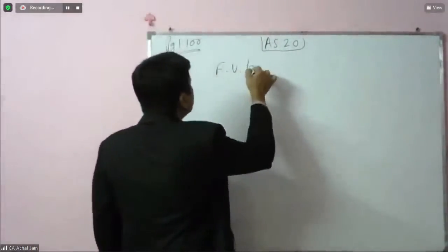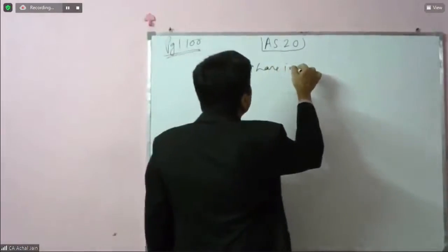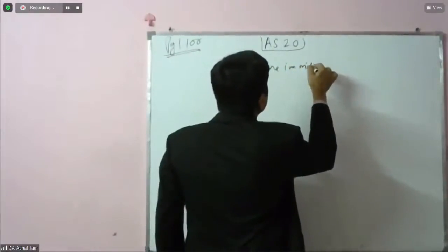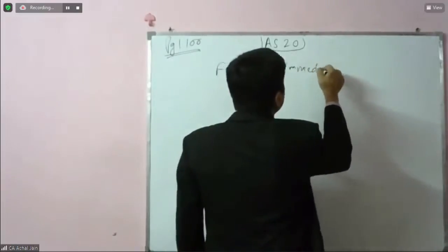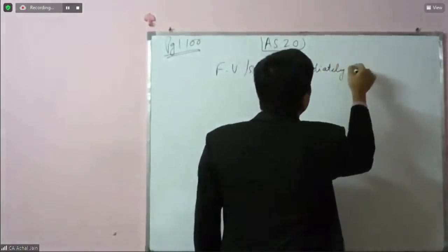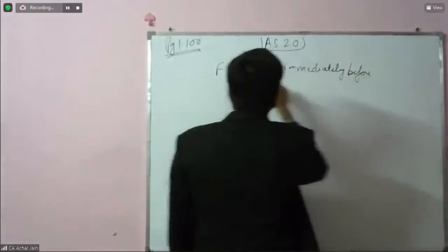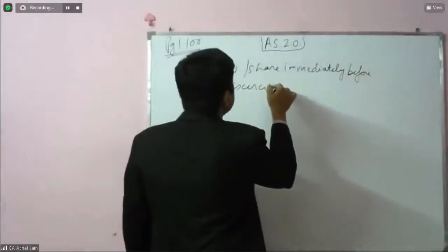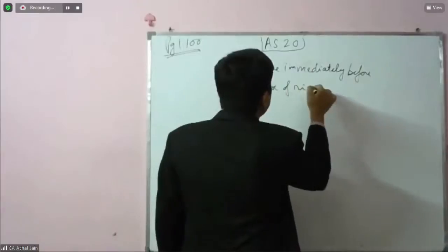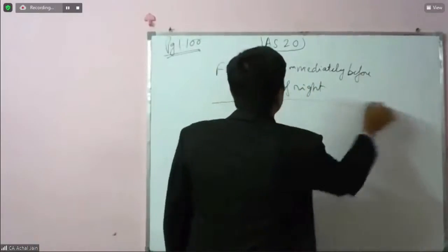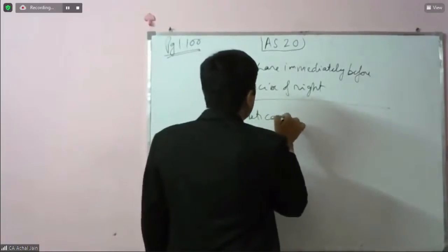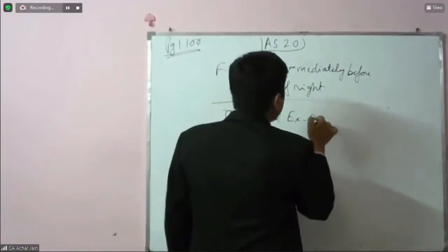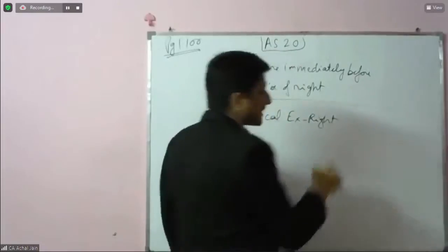Fair value per share immediately before exercise of right, divided by theoretical ex-right price.